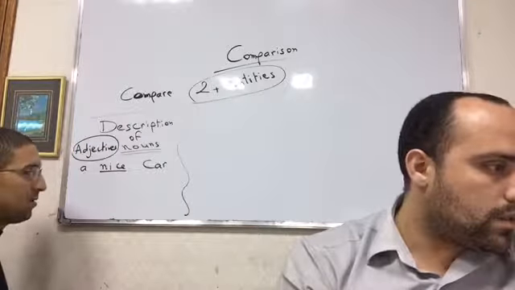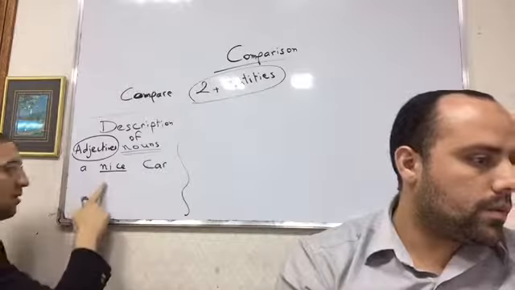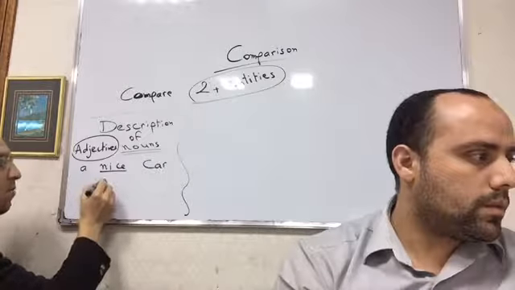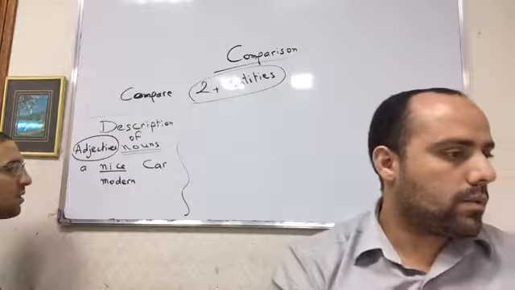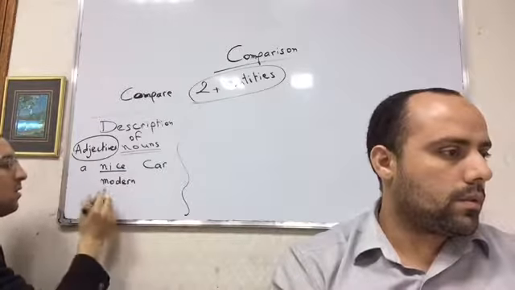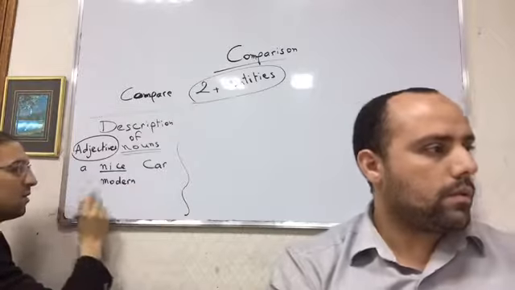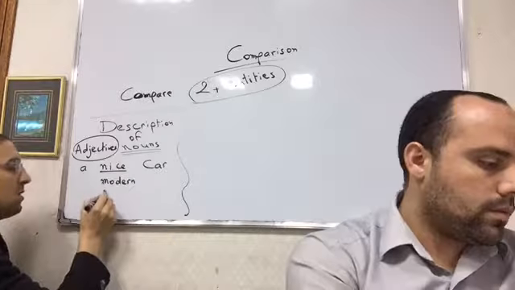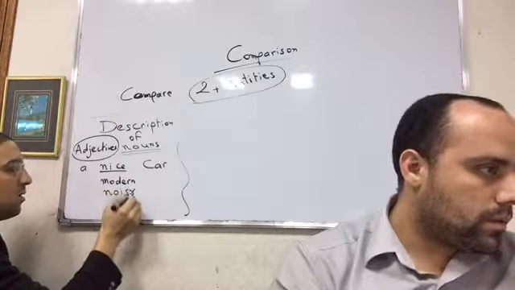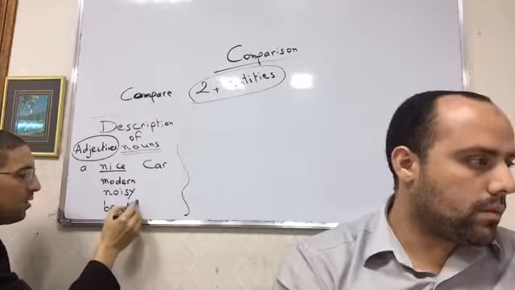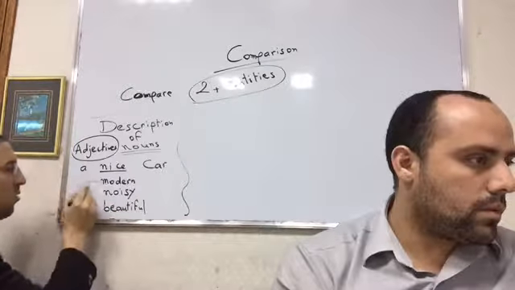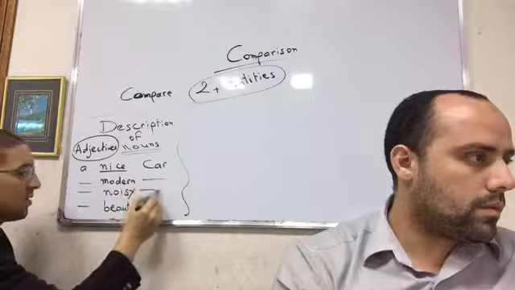Nice car, you can say a modern car. You can say for example a noisy car, and you can say a beautiful car. So all these are adjectives.